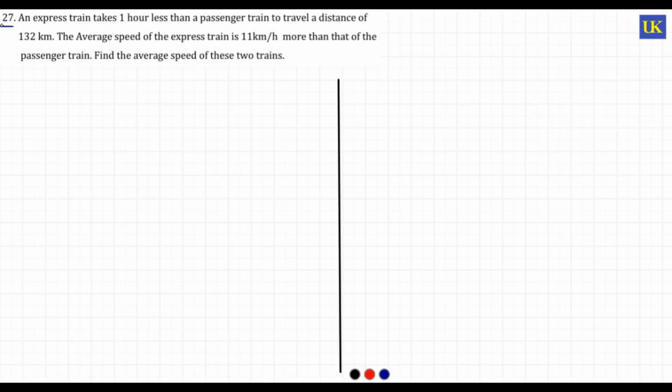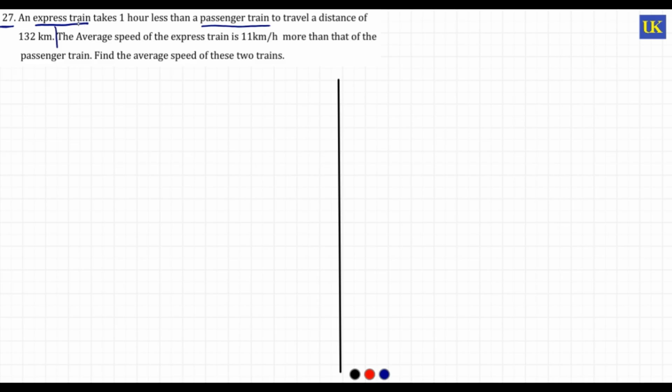Now we'll be solving the 27th sum. Here they say that an express train takes 1 hour less than the passenger train to travel a distance of 132 kilometers. Definitely a fast train will reach the destination in less time, because there is an inverse relationship between speed and time.